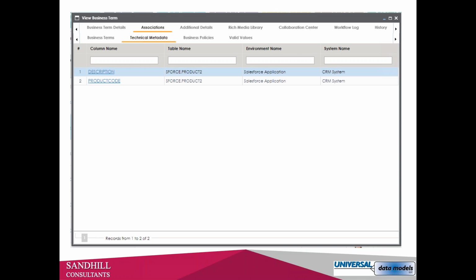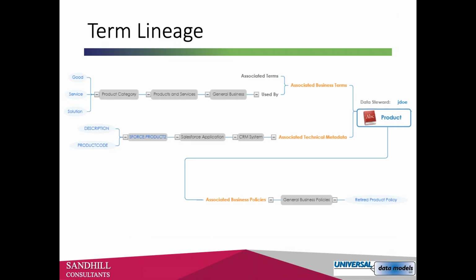Now let's take a look at the lineage. So we saw the business terms and that a term can relate to a term. We also know that it can relate to technical metadata. So when we look at the term lineage, what we're looking at here is on the far right-hand side where we've got a product. And in this product area, we can see that we have a data steward. And then coming off this product, there's a branch called associated business terms.